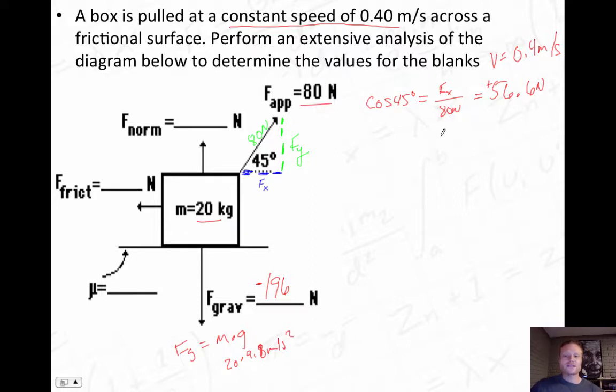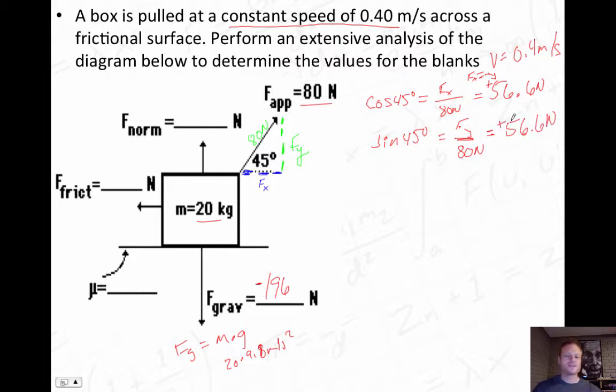Now to get the y piece, I would just do the sine. Sine of 45 degrees equals f sub y over 80 newtons. And if you do that math problem, you get, again, 56.6 newtons.